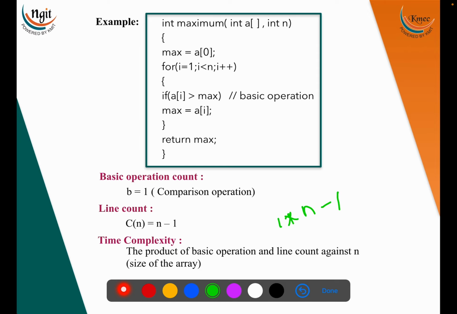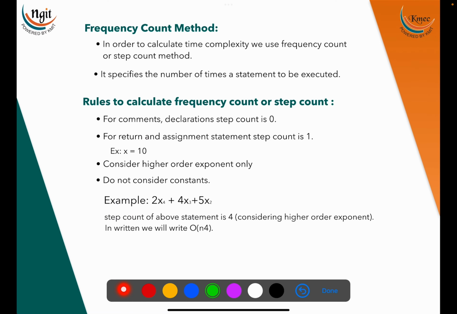We will ignore the constants and consider n. So finally, the time complexity of this is big O of n. This big O is a notation used to represent time complexity. I am just explaining the symbol; I'll tell you what big O is in the next videos. Now, the next topic is the frequency count method.